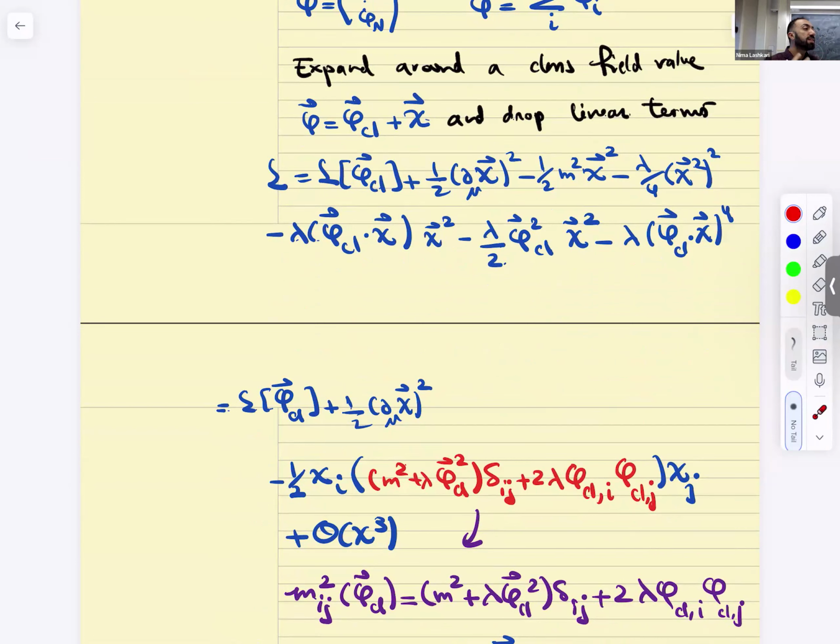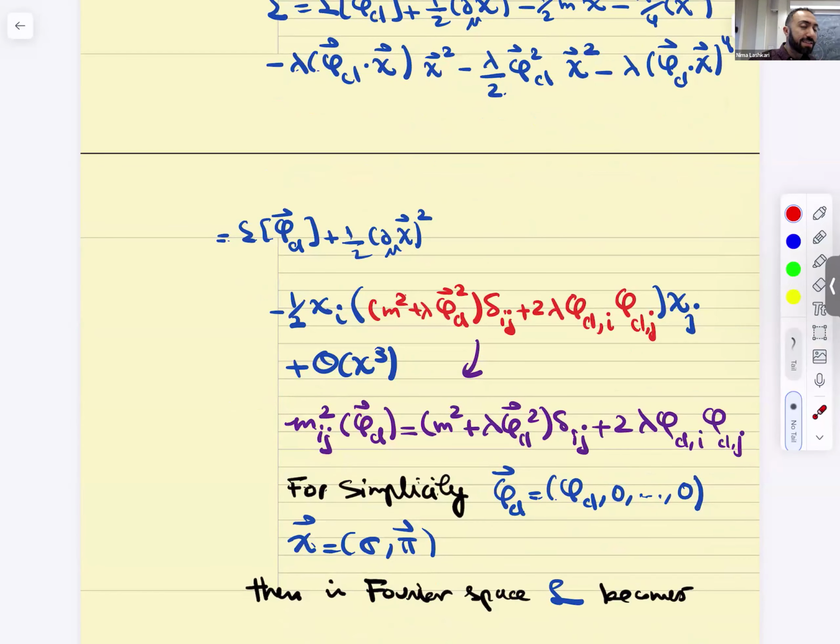But let's focus on how it contributes to the kinetic term of this chi. The mass term is the good old mass term, but lambda phi classical squared, which is phi classical dot phi classical, contributes as a mass term for the chi field. And then there's this extra term, which is not quite the mass term, but it couples chi_i to chi_j. This is to the second order.